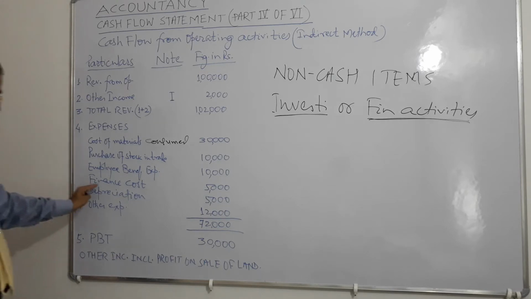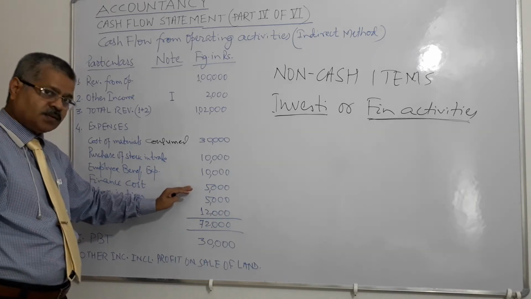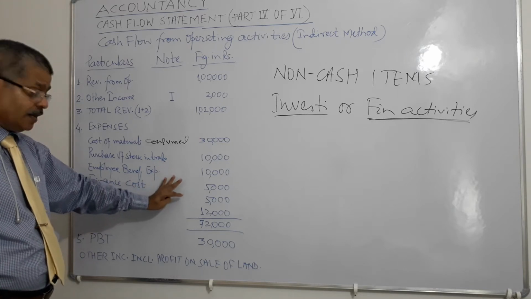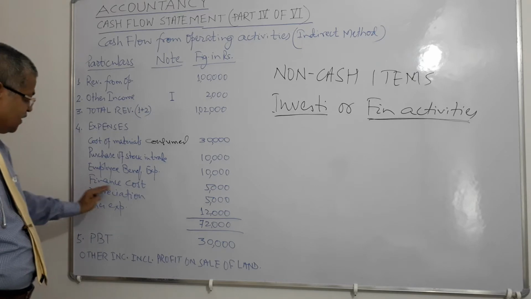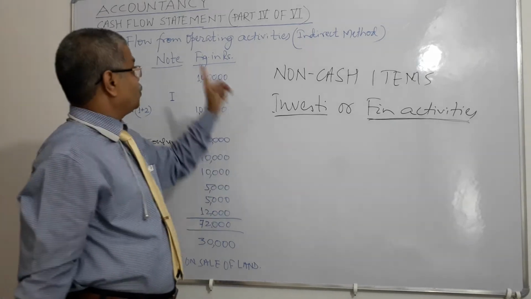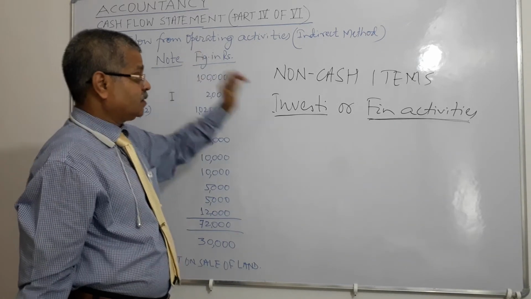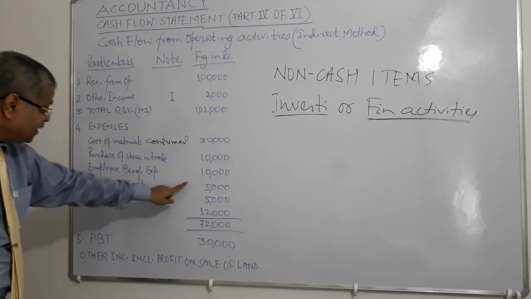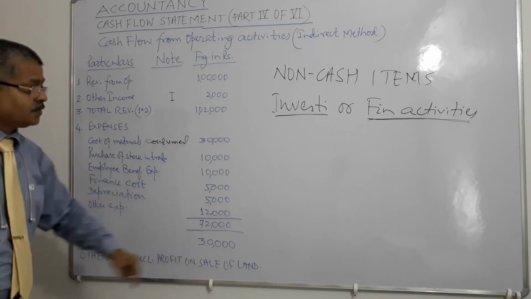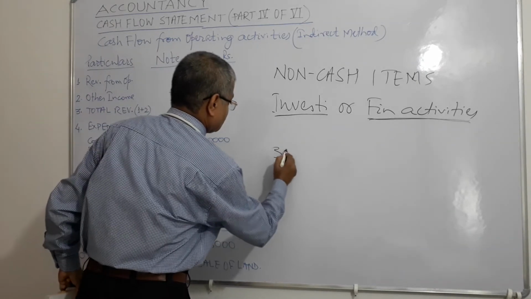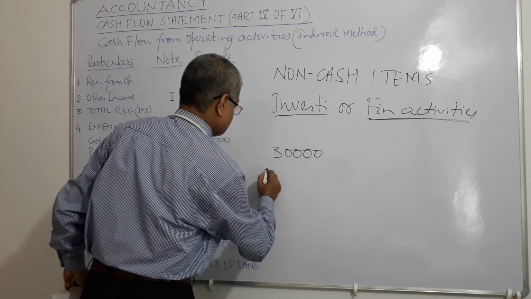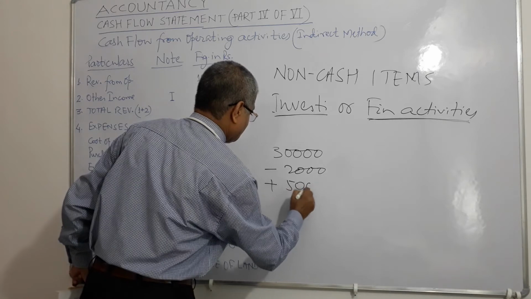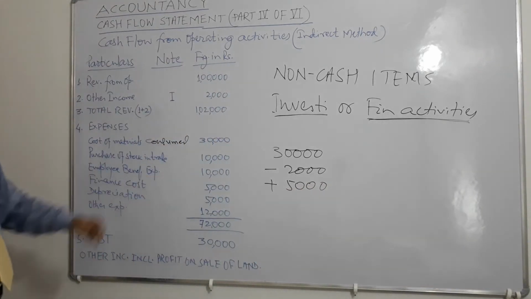Now finance cost, this is an expense which has been considered in this P&L, but it is attributable not to operating activities but to financing activities. So this will need to be added back to this. So 30,000 minus 2,000 plus 5,000 of finance cost.